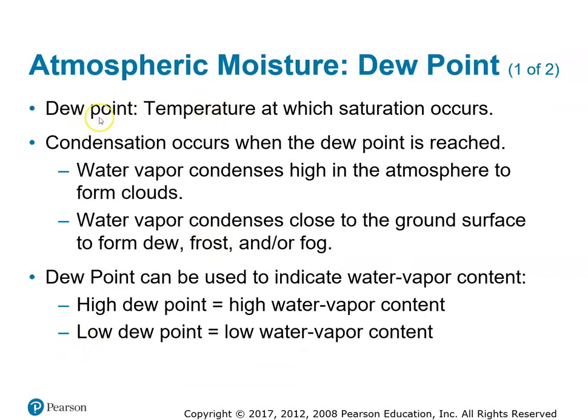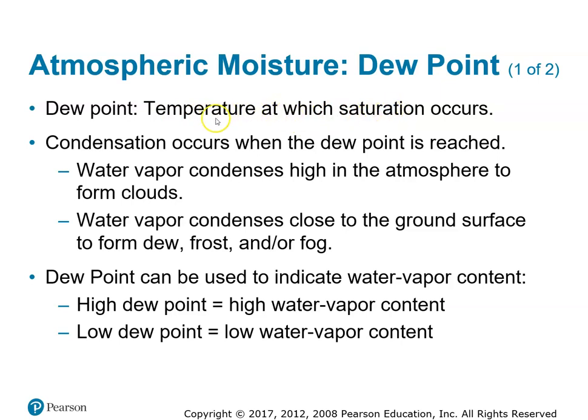All right. So let's say that the dew point is reached. The dew point is the temperature at which the air is saturated. That is, it can't hold any more water.